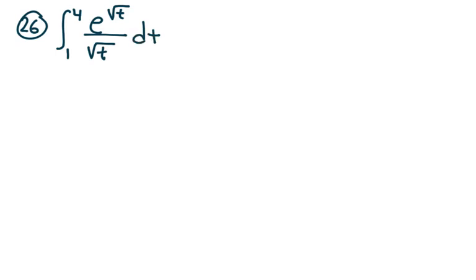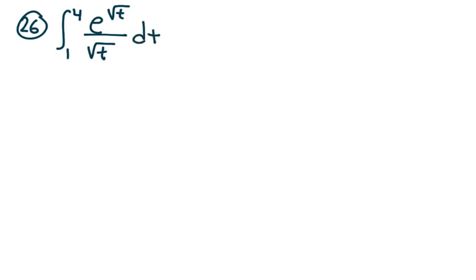Let's take a look at 26. Suppose we had the integral from 1 to 4 of e raised to the square root of t divided by square root of t dt. Okay?